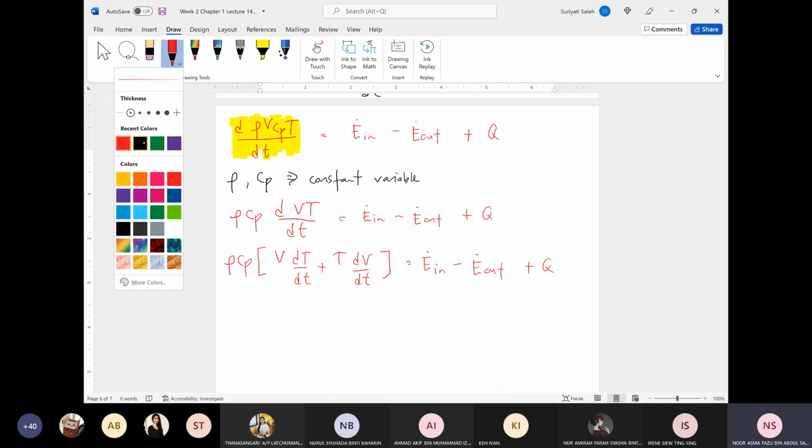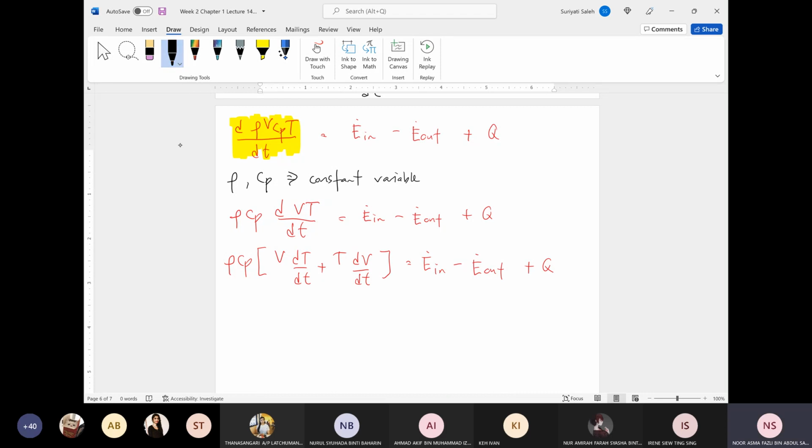Based on this, dT over dt here is for the temperature change, and dV over dt here is for the volume change. So we have the function of each term accordingly.